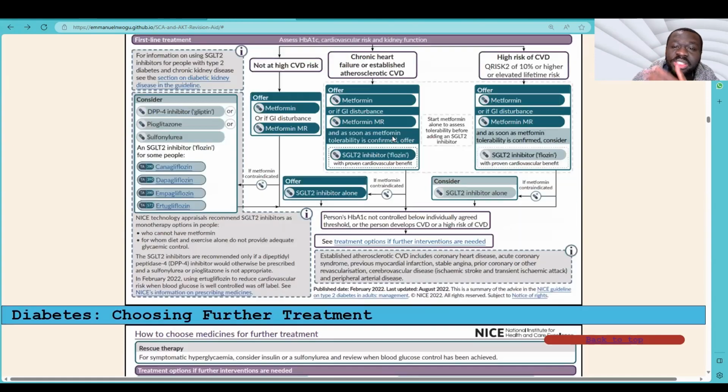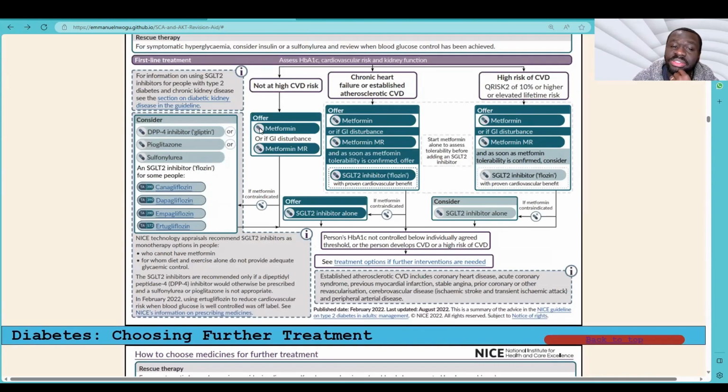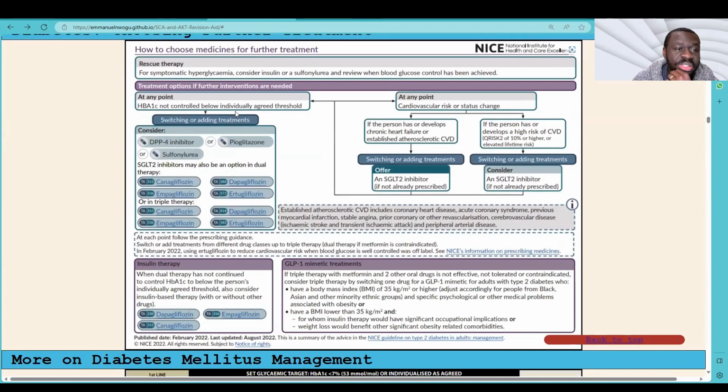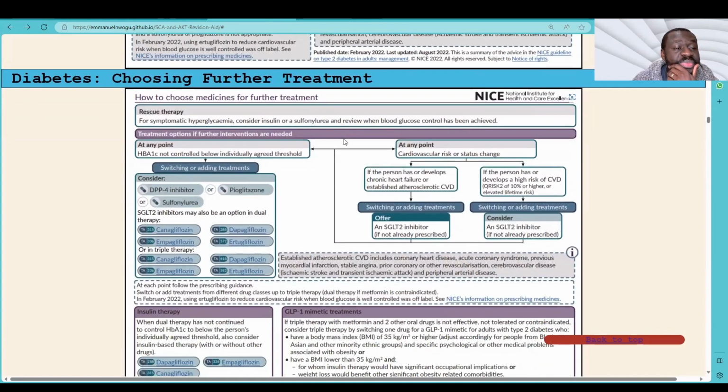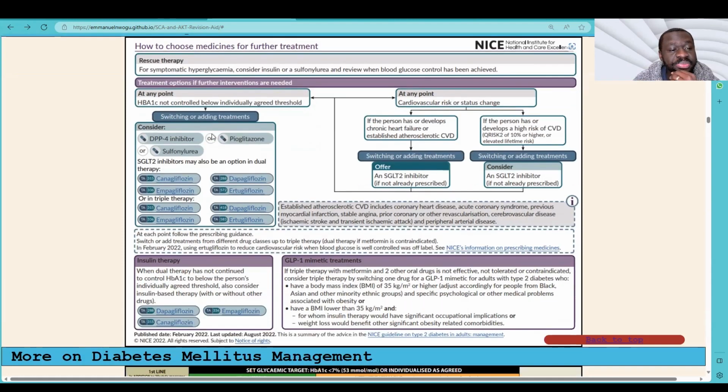Now, we've established the initial treatment is usually metformin. If it's not tolerated, the SGLT2 inhibitor. But then the patient is still having uncontrolled blood sugars. For the next step, you have to choose medicines for further treatment. For symptomatic hypoglycemia, consider insulin or a sulfonylurea, and review when blood glucose control has been achieved.